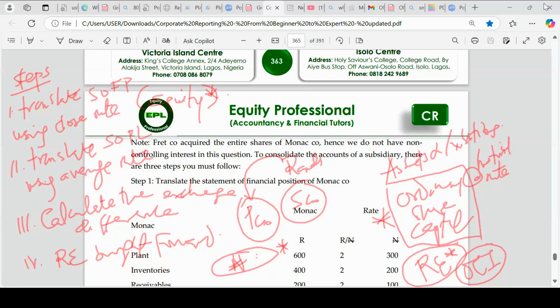No, it doesn't apply here, because what you are simply doing here is translating those assets and liabilities of a foreign operation so that you can consolidate. I don't know if you understand what I'm saying. That rule will apply to the subsidiary in their separate financial statements.